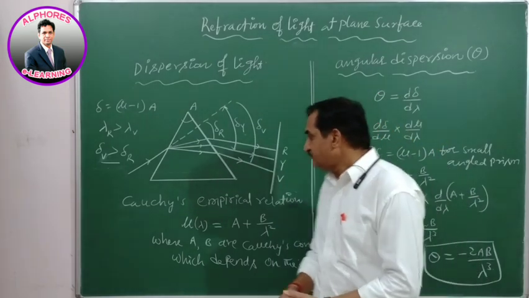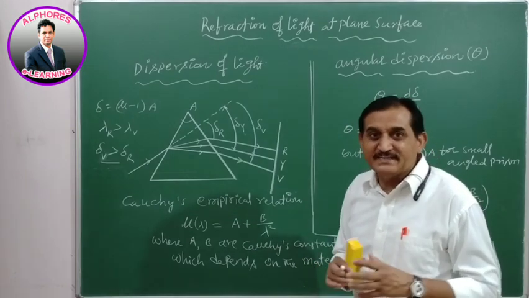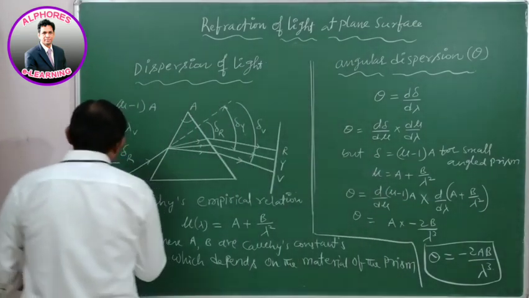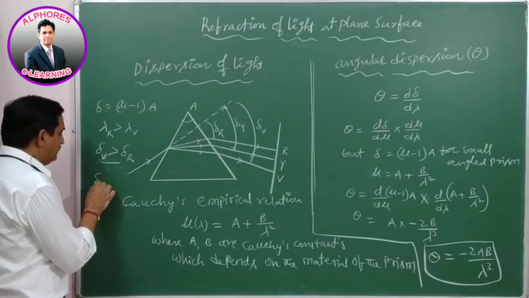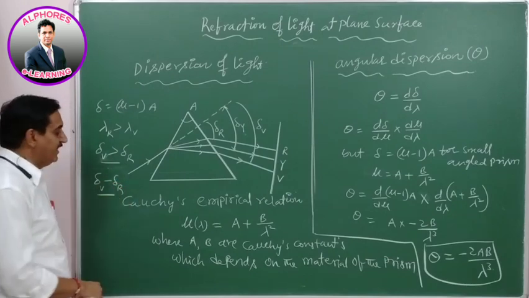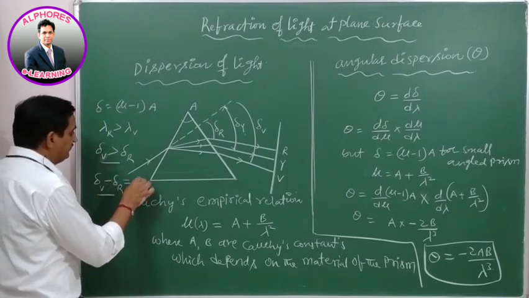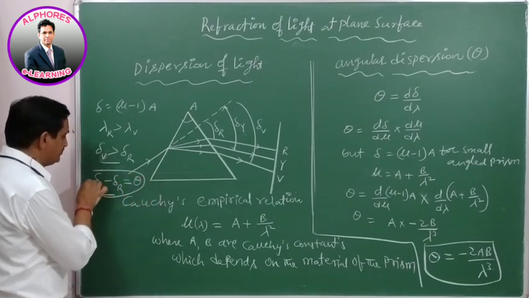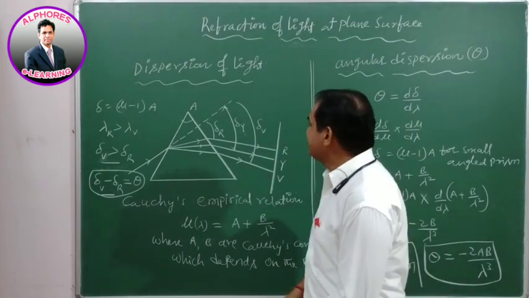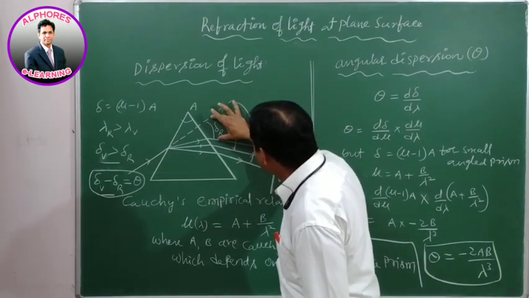Now, how much extra deviation is suffered by the violet color compared with red? We can find it very easily. Delta V minus delta R is the extra deviation suffered by the violet color because of its smaller wavelength. This is indirectly giving the angular dispersion. Angular dispersion means the angular separation between the two extreme colors, red and violet.